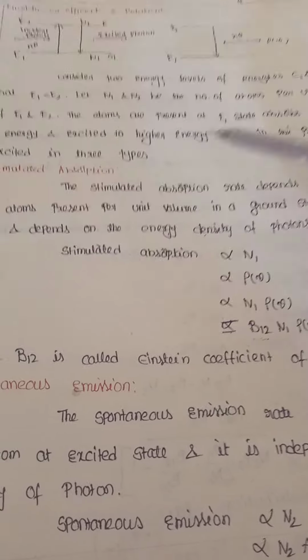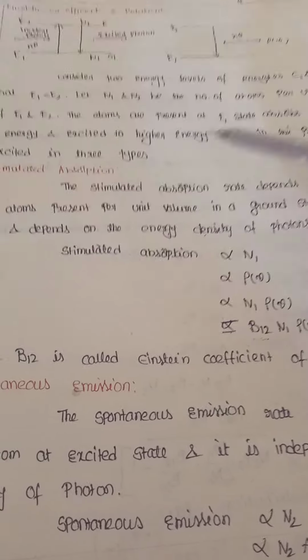It depends only on the number of atoms in the excited state, so it is proportional only to N2 and independent of rho of nu. It can be written as N2 A21, where A21 is called the Einstein coefficient of spontaneous emission.